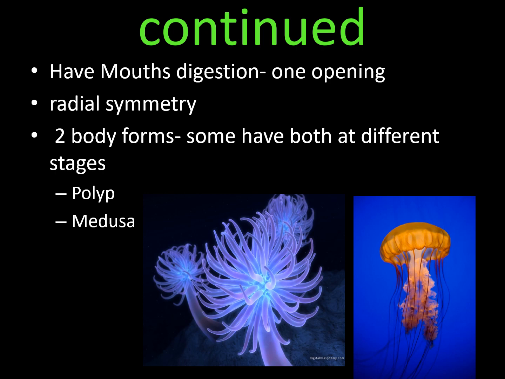A jellyfish goes through both forms in its life cycle. The first form is called a polyp, and that's the things on the left-hand side. These polyps kind of look like Dr. Seuss truffula trees. Then you have the adult jellyfish on the right side, and that's the medusa form.